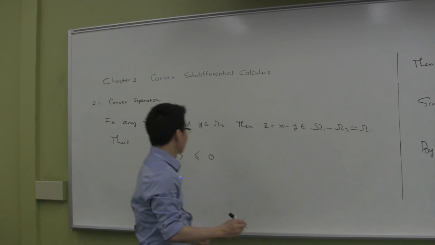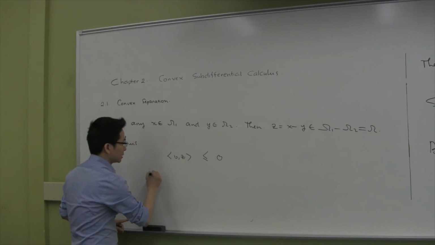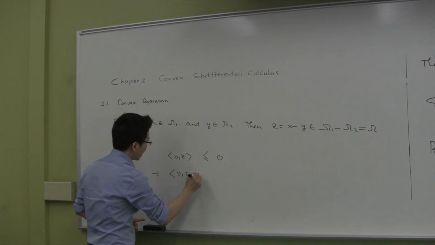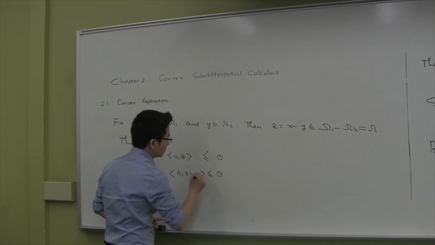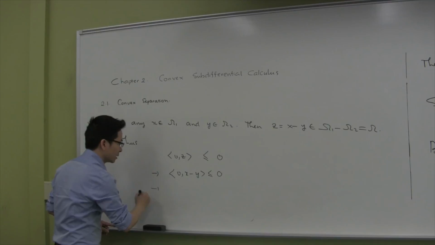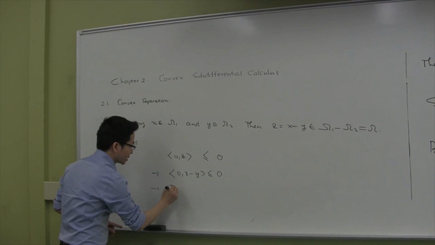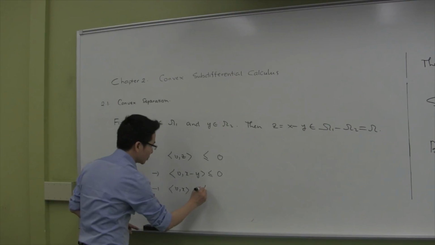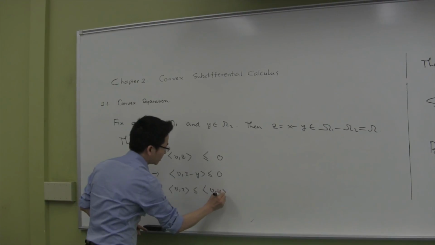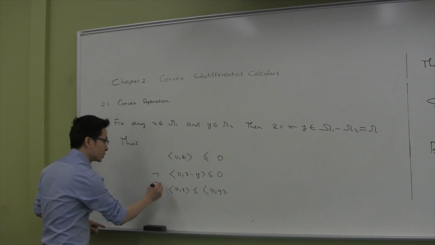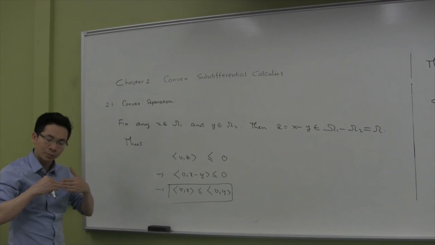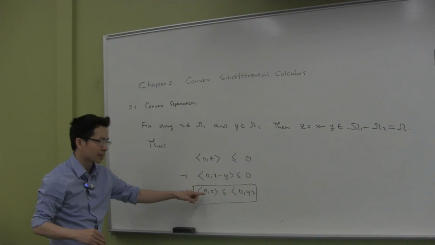Okay, so that means the inner product of V and x minus y is less than or equal to 0. And from here we see that the inner product of V and x is less than or equal to the inner product of V and y.